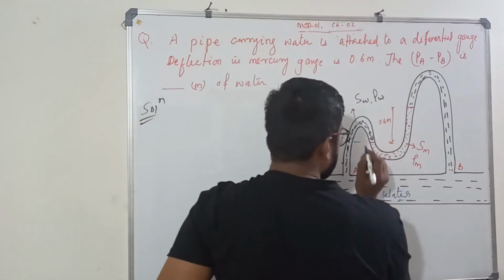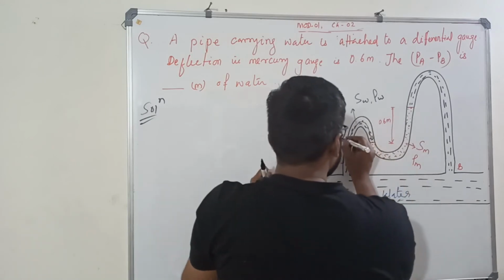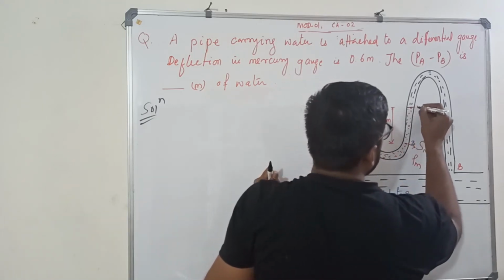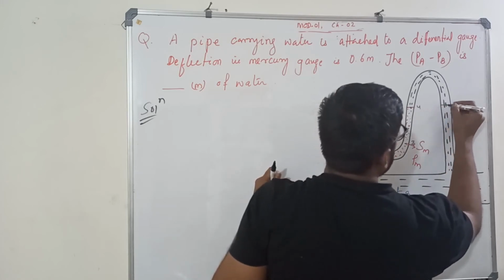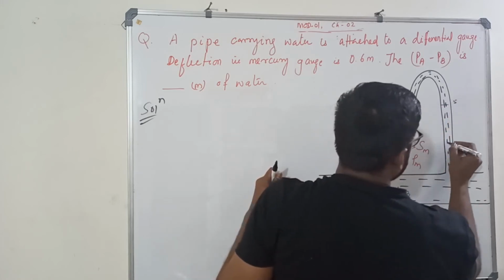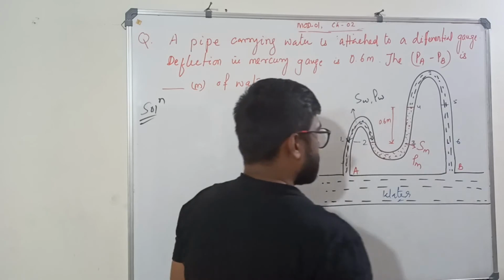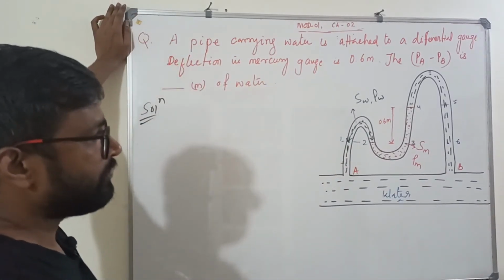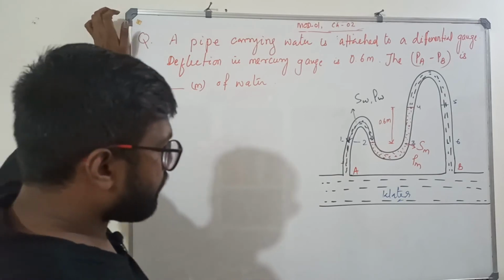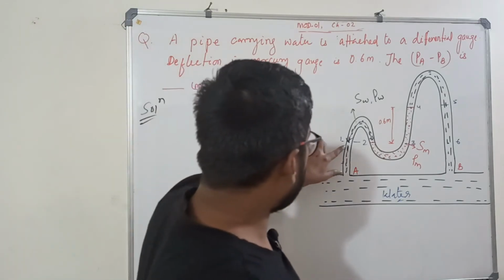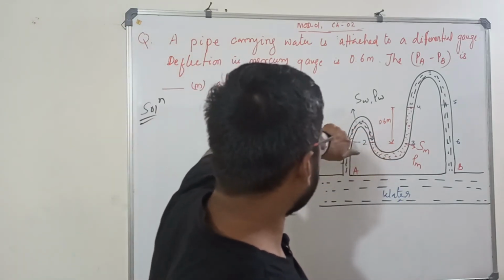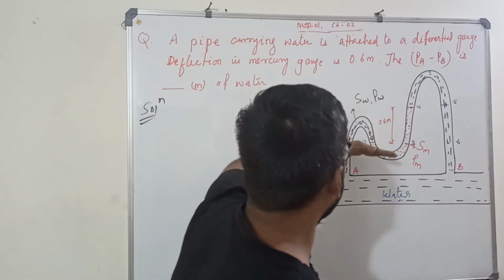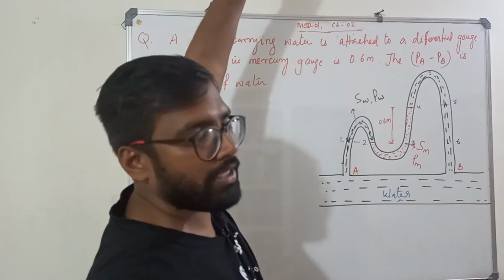Now let me note it down. This is 0.1, 0.2, let us say this is 0.3, 0.4, 0.5, and let me write this as 0.6. Now see, the pressure at 0.1 and 0.2 are the same, so this much head of water equals this much head of water. So this is omitted.